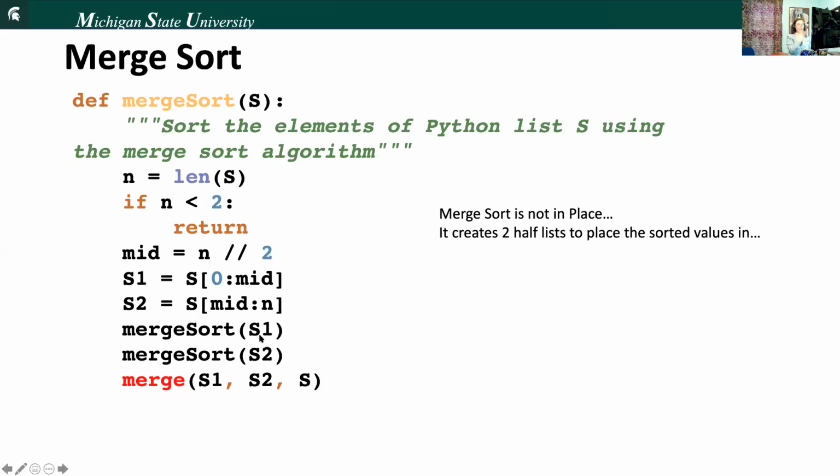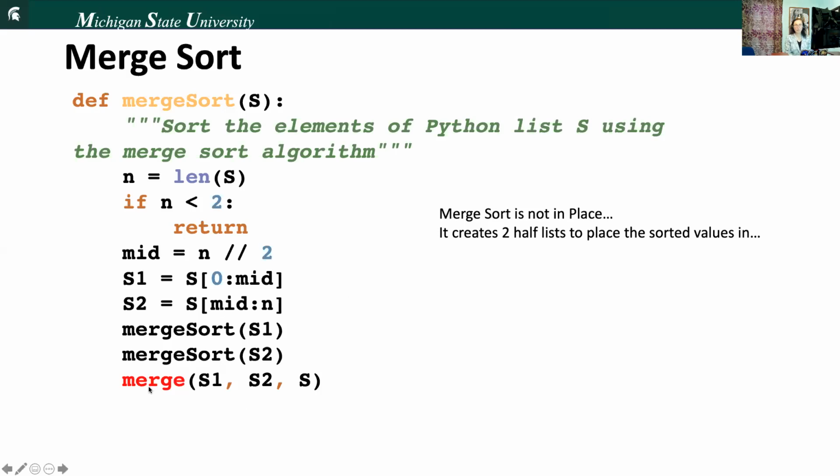S sub 1 will be finished. Then I will make a call on the second half of my array, divide until one element, and then merge it back up. That merging back up is where you're doing the sorting. And when I'm finished, I will have a sorted array.